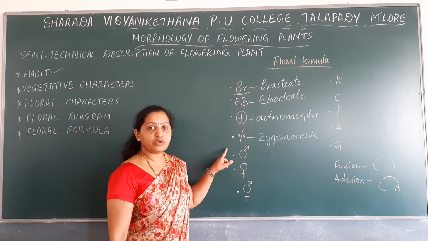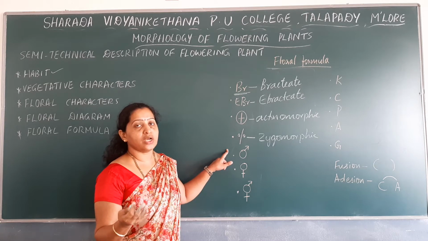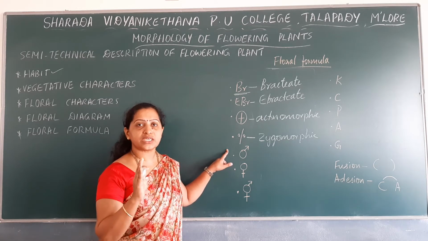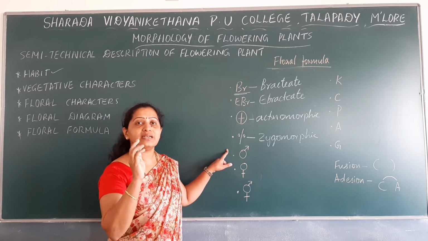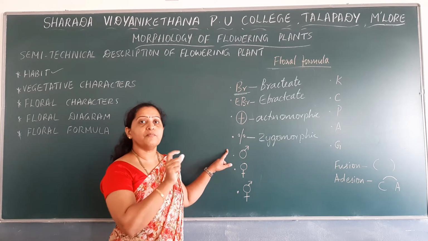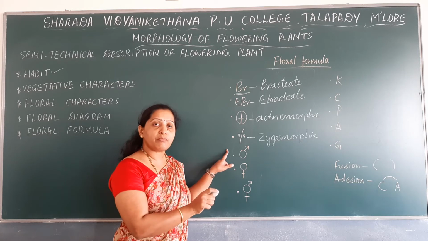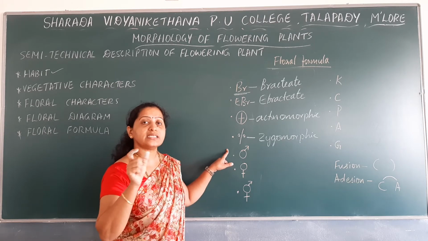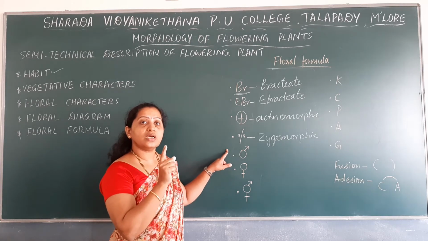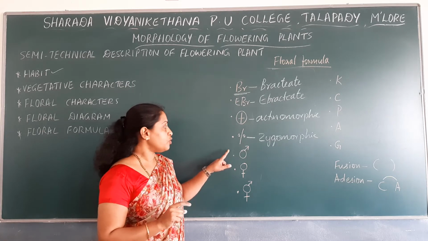Then we have to note down whether the flower is unisexual or bisexual. We describe a flower as unisexual if it has either only male reproductive organs or only female reproductive organs, based on the presence or absence of male and female reproductive units.